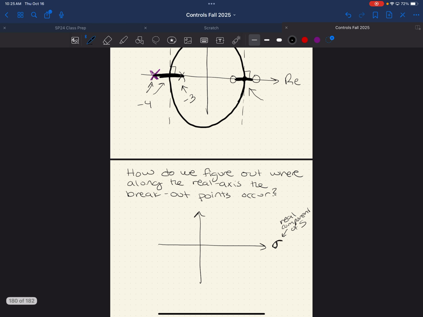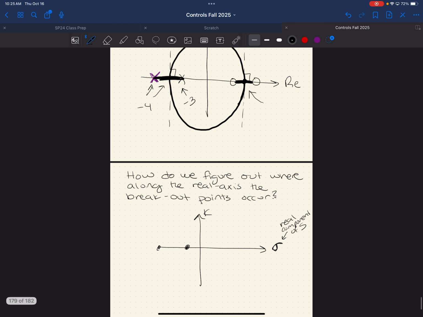And I said, okay, I'm going to plug in values between here and here, and I'm going to find the K value that goes with that point. Well, K should start out as 0 when I'm at those poles. And as K gets bigger and bigger, it goes up and up, and then it ceases to exist on the real axis anymore.